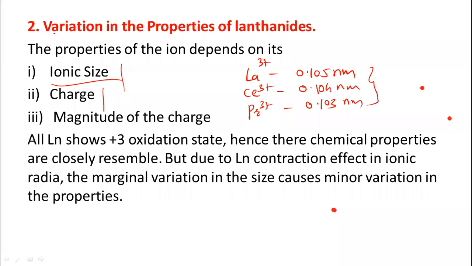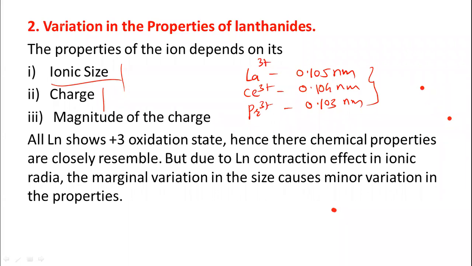The chemical properties of the lanthanons differ from each other. So it is very helpful to us in separating the lanthanon ions from each other. There are 15 lanthanons. They are found at the same place, in the same mineral, so it becomes very difficult to separate them.